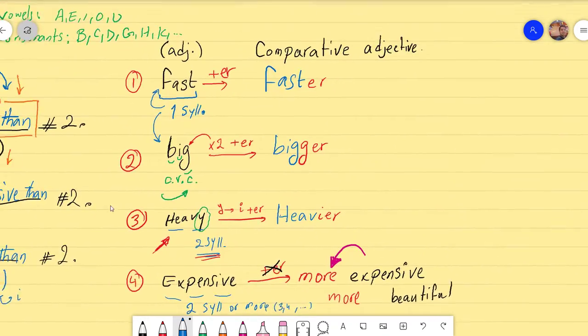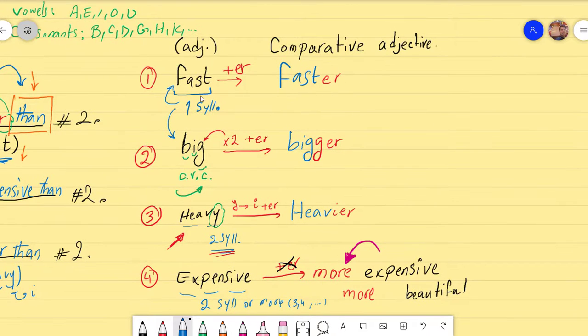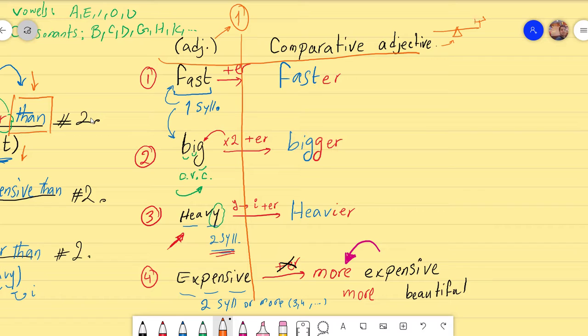So, one more time. We have adjectives. And then we have comparative adjectives. We use adjectives when we want to talk about one thing. We use comparative adjectives when we want to talk about or compare two things.